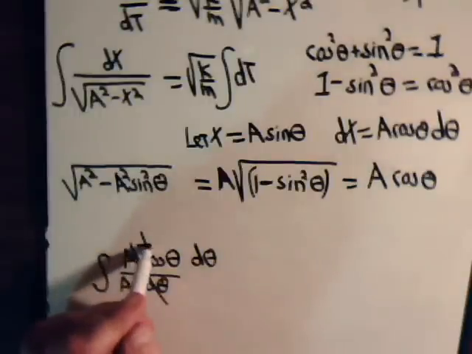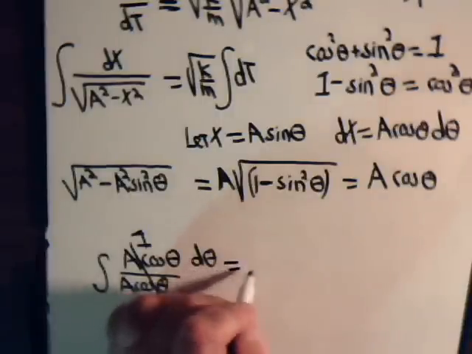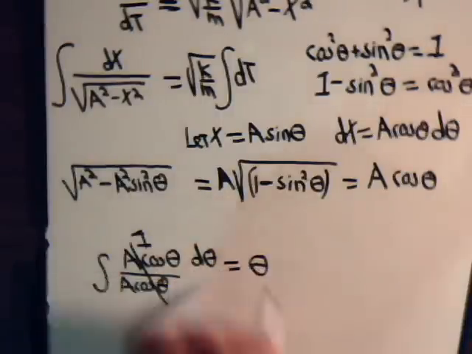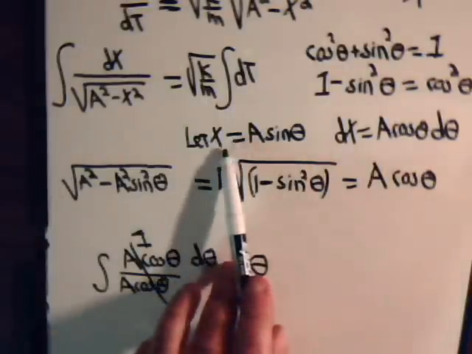Of course, that's 1. And the integral of d theta is theta. We'll have an arbitrary constant of integration that we'll deal with in a little bit. But now, what is theta? So we go back to our substitution.